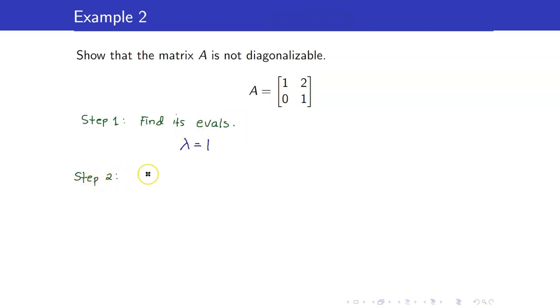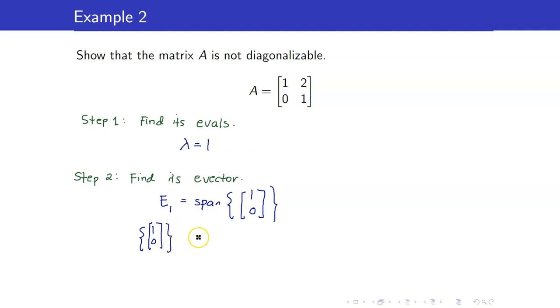Next, we will get its eigenvector. Again, I will leave it up to you to verify that the eigenspace corresponding to lambda equals 1 is the span of 1, 0. Therefore, we have only one linearly independent eigenvector. But for A to be diagonalizable, we need 2.